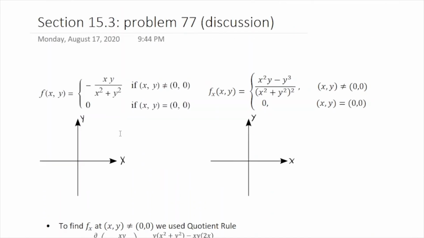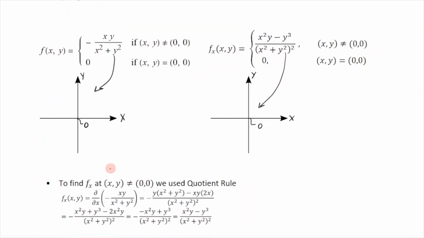I want to summarize a few important points. First, we were given this function that was equal to 0 at the point 0, 0, and it was equal to this expression everywhere away from 0. When we were finding the partial derivative with respect to x, we found that the partial derivative was 0 at the point 0, 0, and was equal to this expression everywhere else. Now, remember, at points away from 0, we used the quotient rule.